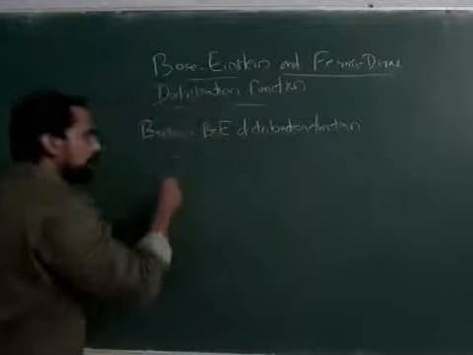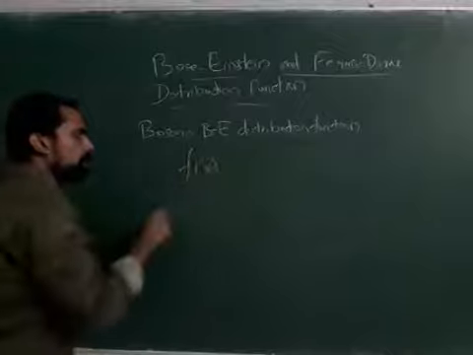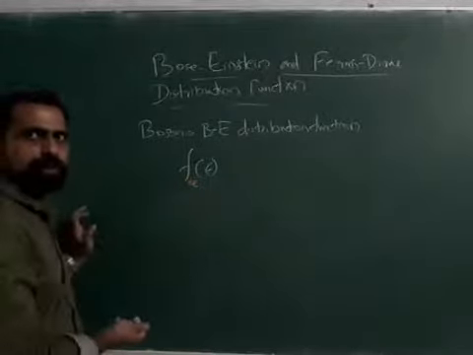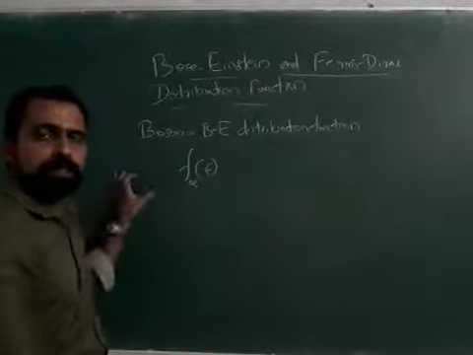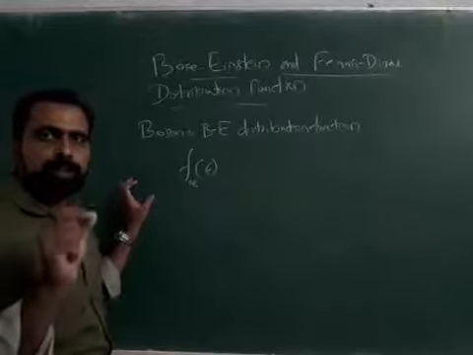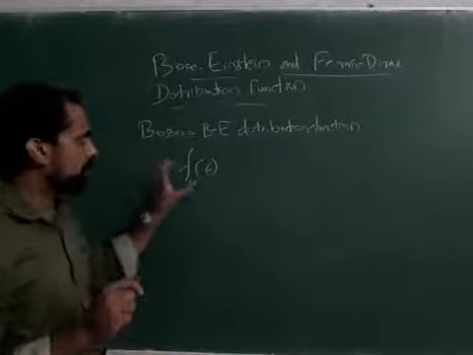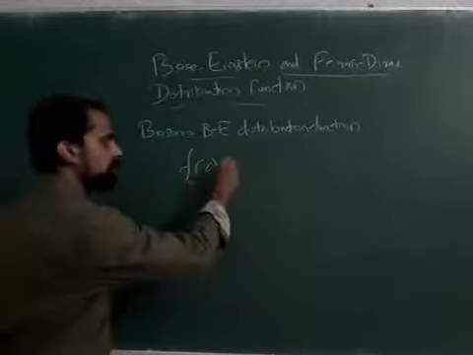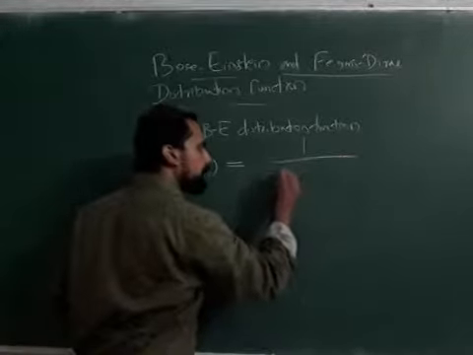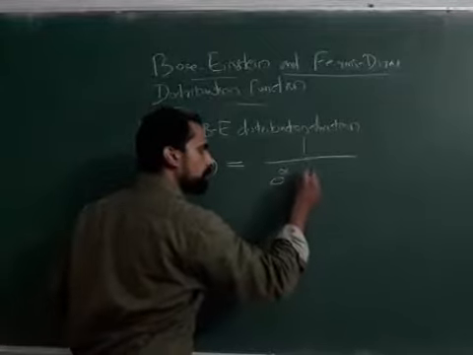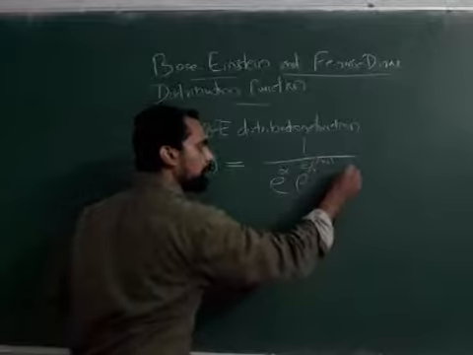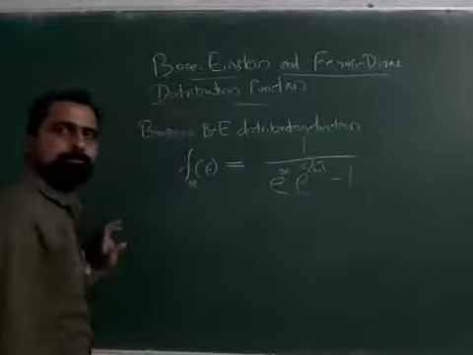This f of epsilon, maybe you can write F_BE, it's a suffix if you like, is the probability that a particle occupies a quantum state epsilon. F of epsilon is equal to 1 by e raised to alpha, e raised to epsilon by kBT, minus 1.